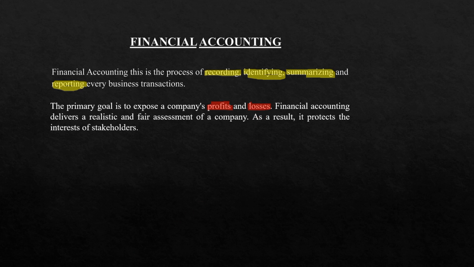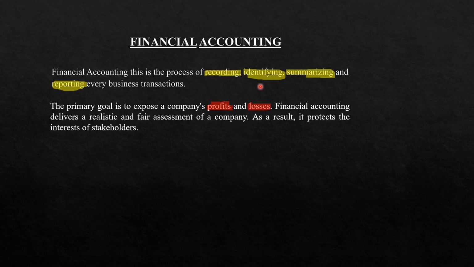So you can only tell whether the company or entity is making a loss unless you are doing all these processes.